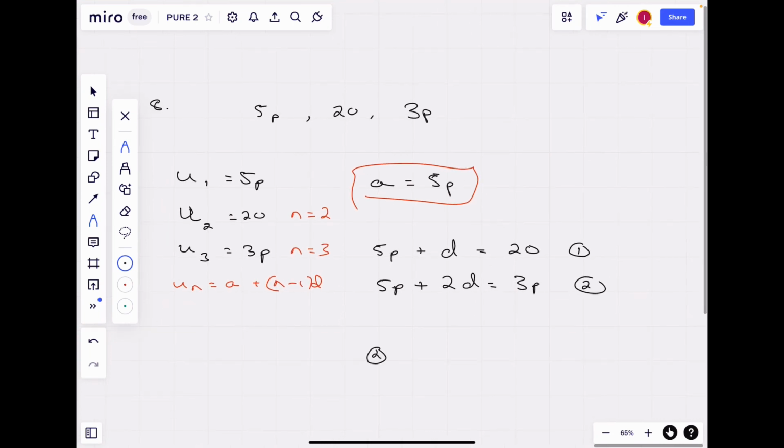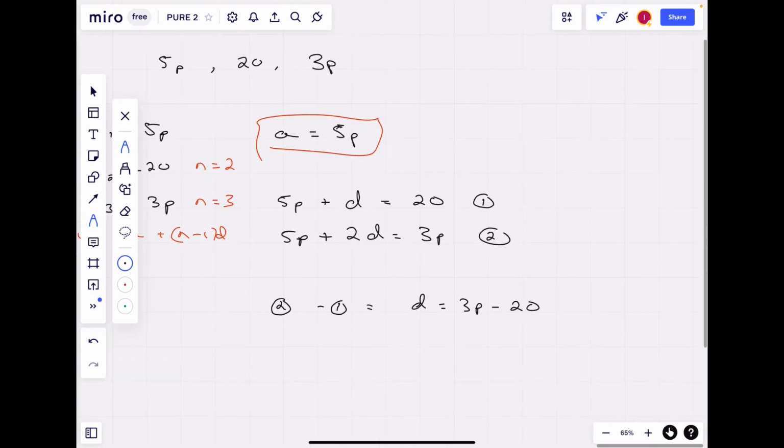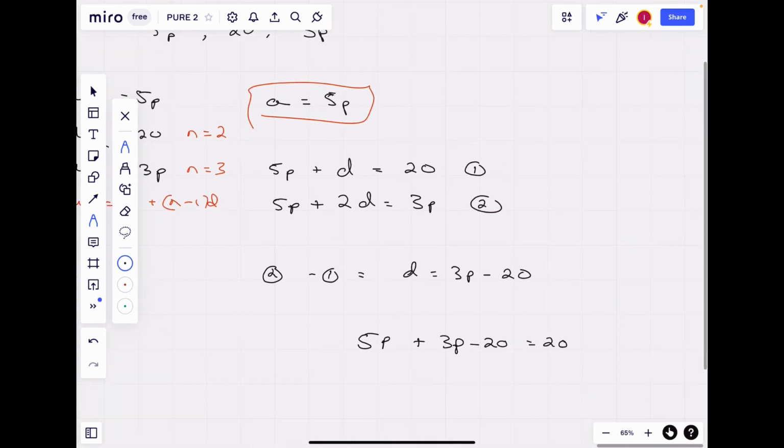We do 2 minus 1, which gives us d equals 3p minus 20. And then we can substitute that into one of our equations. 5p plus 3p minus 20 equals 20. So 8p equals 40. So p equals 5.